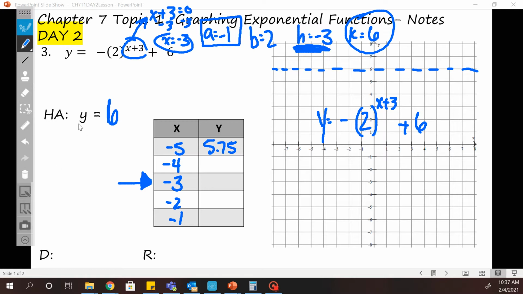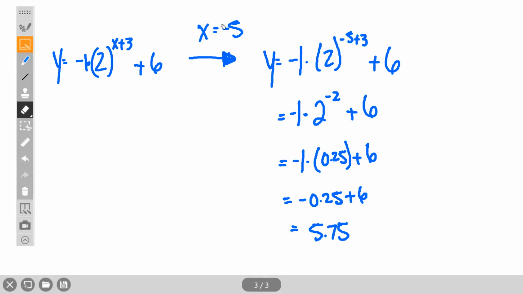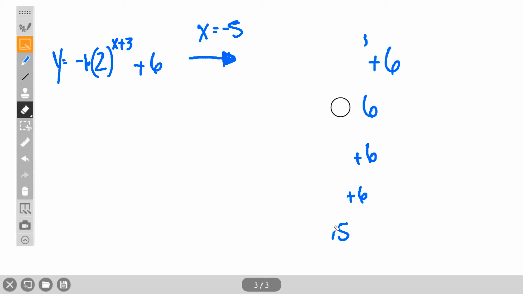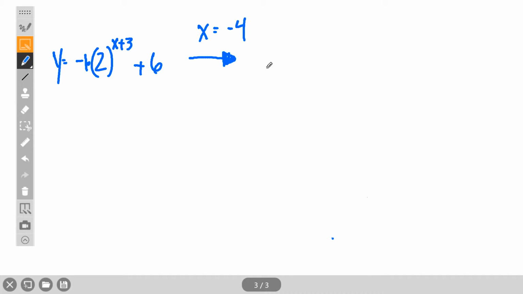All right, next we plug in -4. So y is equal to -1 times 2 to the -4 plus 3 plus 6.